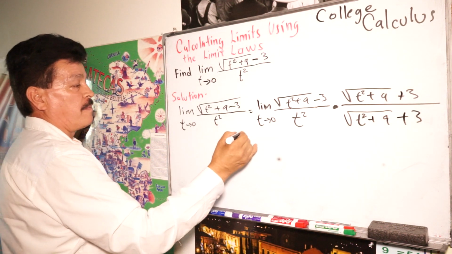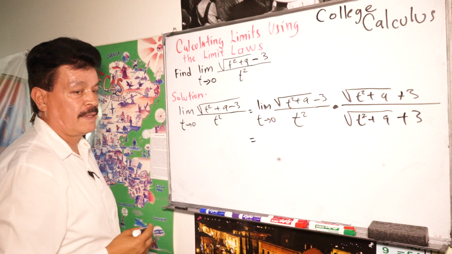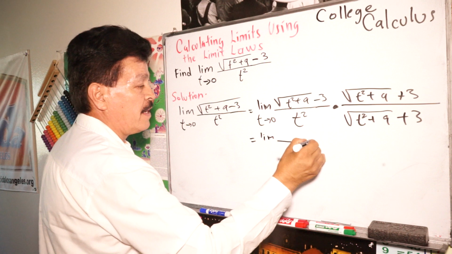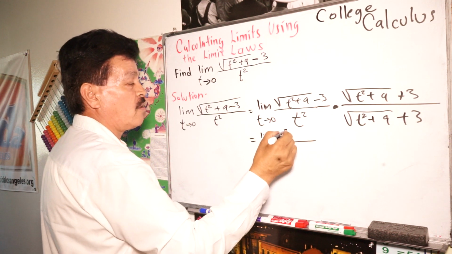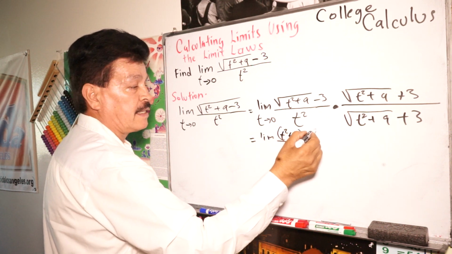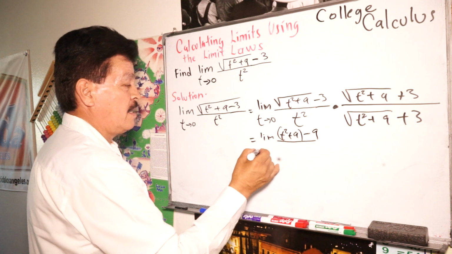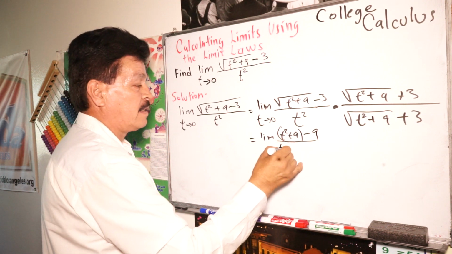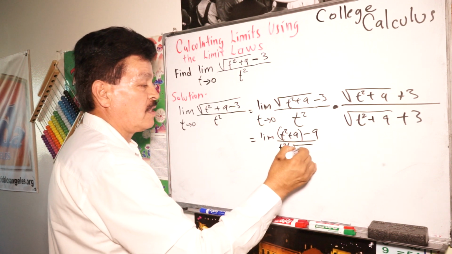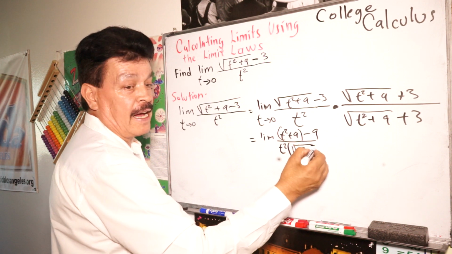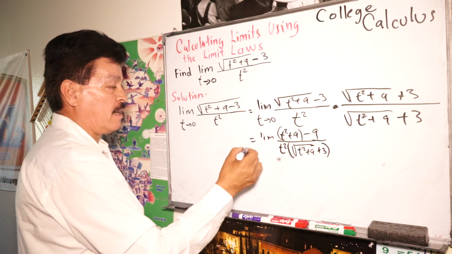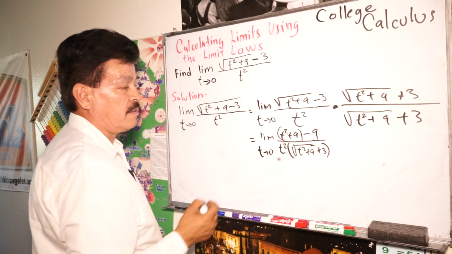So now this will equal the limit of t squared plus 9 minus 9, divided by t squared times the square root of t squared plus 9 plus 3, when t approaches 0.